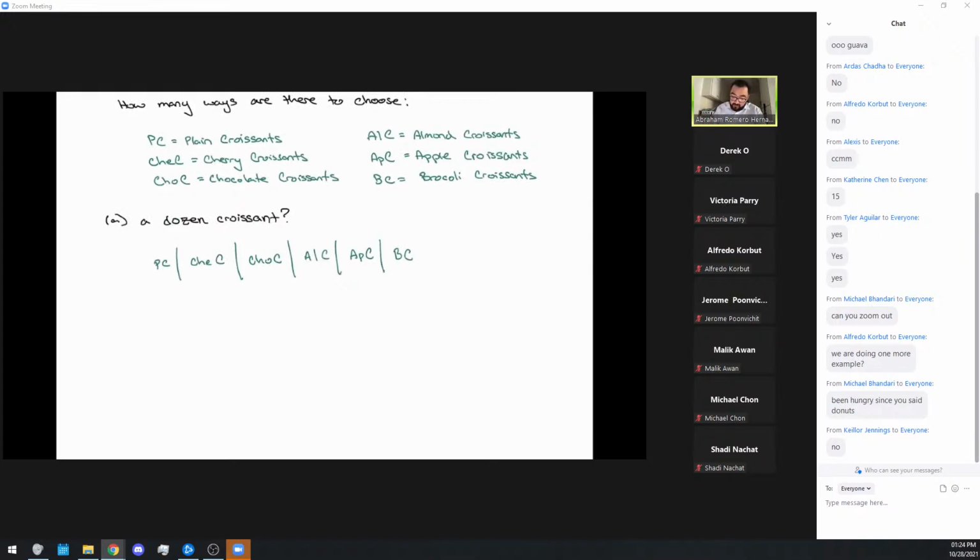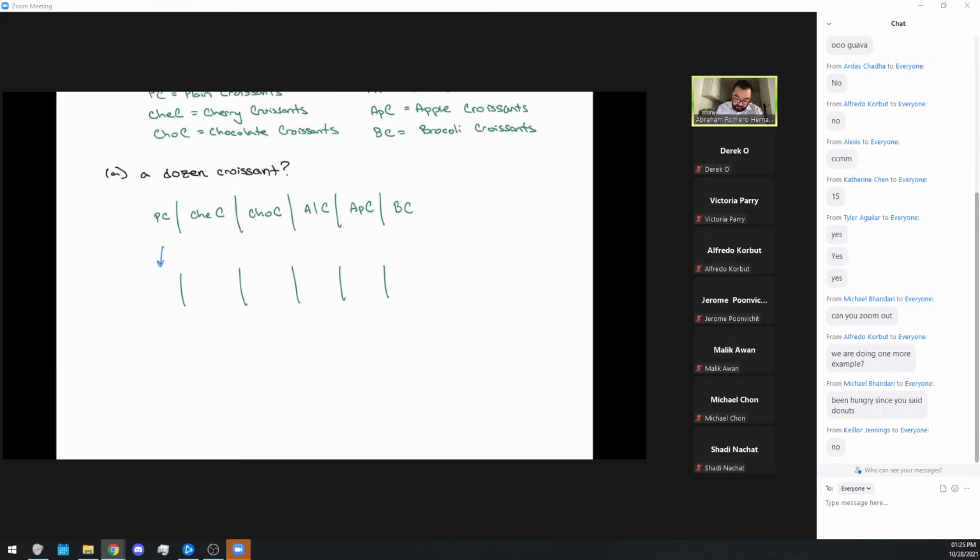So I can look at it in terms of asterisks and dividers again. I'm going to copy this just so I don't have to rewrite it. I'm going to select stuff. In here are nothing but plain croissants. Here, cherry croissants, chocolate, almond, apple, and broccoli croissants. They all have their specific locations. So I'm going to pick a couple from the plain croissants, probably like 4.